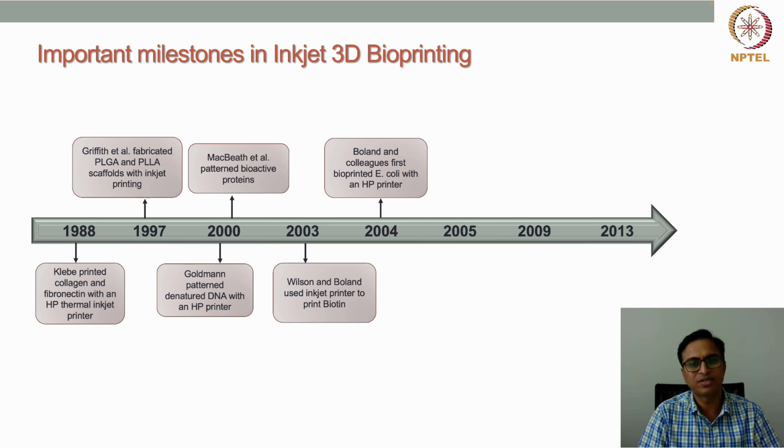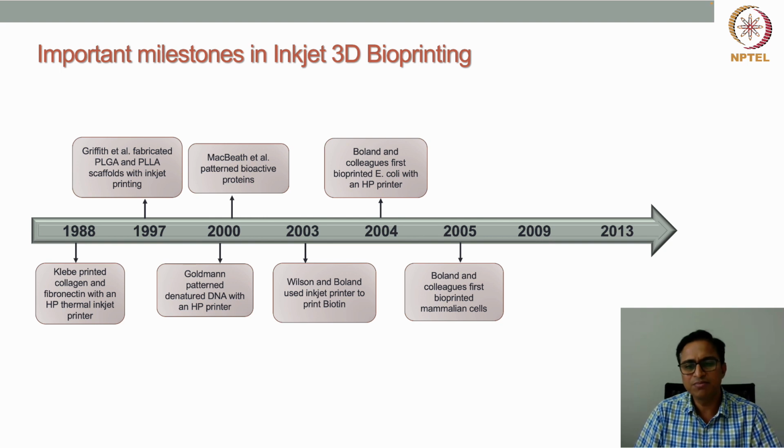That was the very first attempt of printing a living organism through an inkjet printer. Followed by that, the same group, with the success of printing a living organism like E. coli, bioprinted mammalian cells with the same printer in 2005.